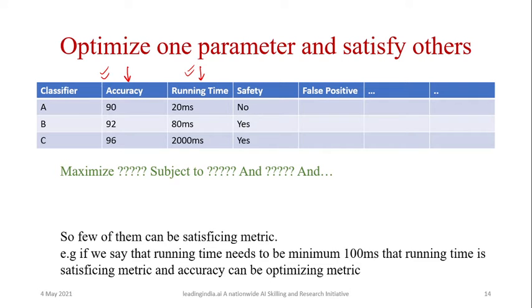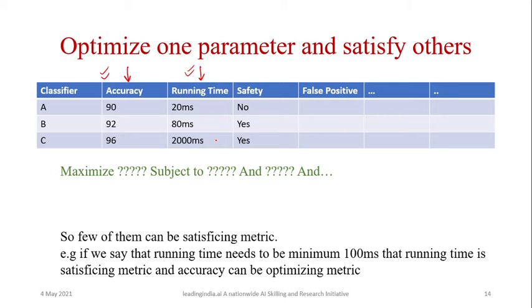Can we wait 2 or 3 seconds when a pedestrian is in front of our vehicle? No, we can't wait; we have to take action immediately. So for a driverless car, running time becomes the satisfying metric: I want an answer in 20 milliseconds in any case, and even if accuracy is 95%, it is okay for me.